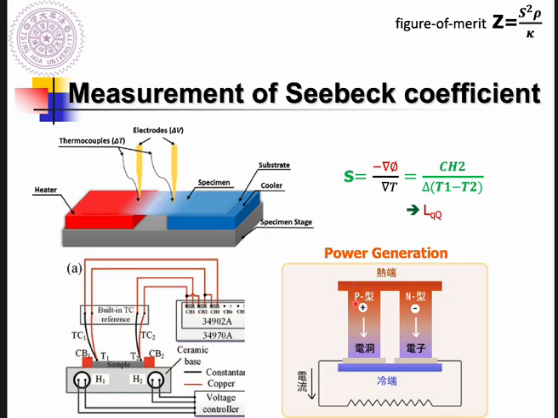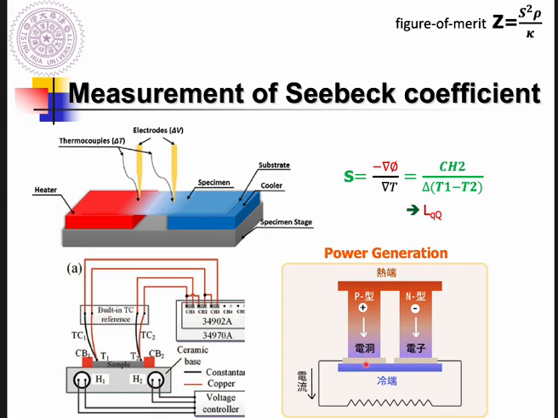Okay, so we have a heater on the top, and the left-hand material belongs to P-type materials. So the major carrier is holes. This side is hotter than this side, right? So due to this thermal energy, that will push the major carrier to diffuse along the temperature gradient to the low temperature side to decrease the total free energy.